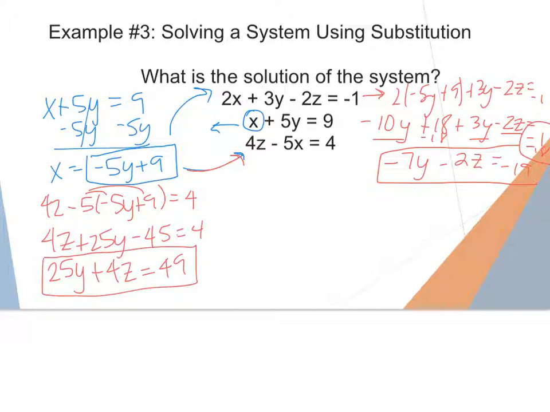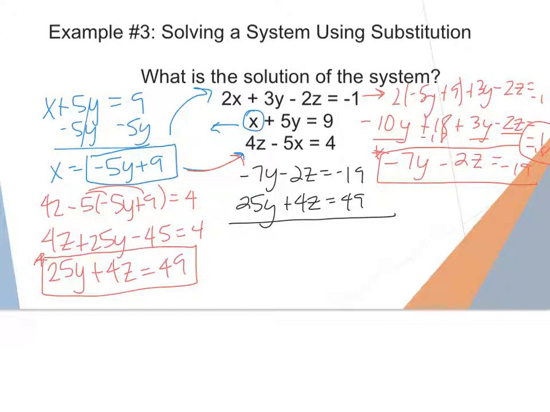Alright, so just like in elimination, at this point we take our two fixed equations and we're going to put them together to eliminate another variable. So I'll just rewrite them in the center. Negative 7y minus 2z equals negative 19, and 25y plus 4z equals 49.